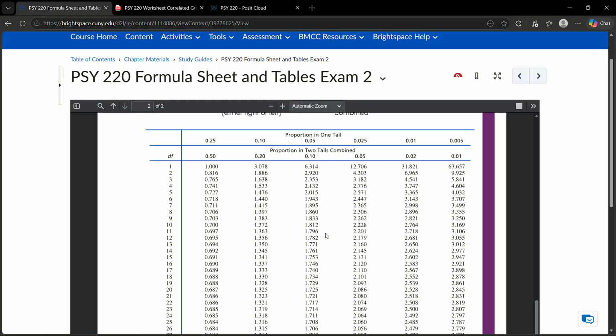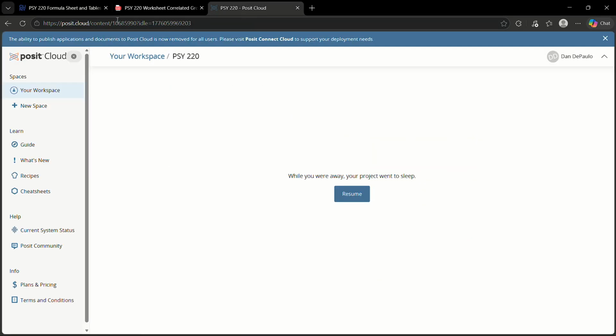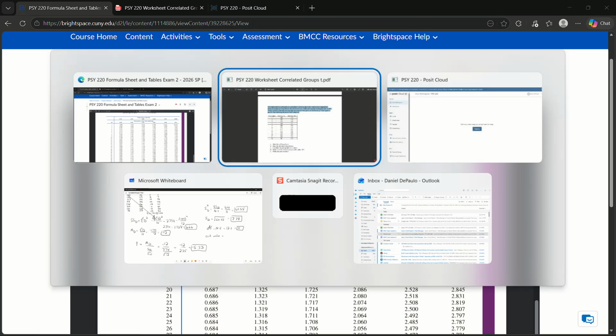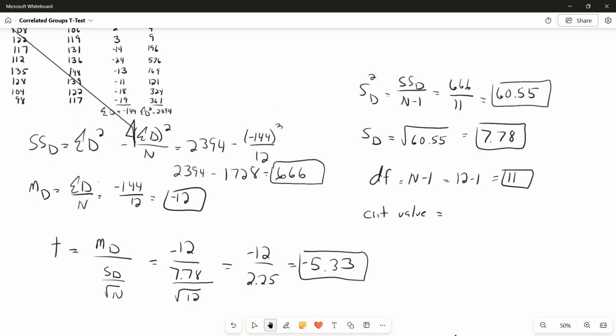Just be careful when looking at this, because I'm doing it on the screen and it's a little bit harder to look at. 2.718 for 0.01, one-tailed. Positive 2.718. Here's our obtained value. Here's our critical value.